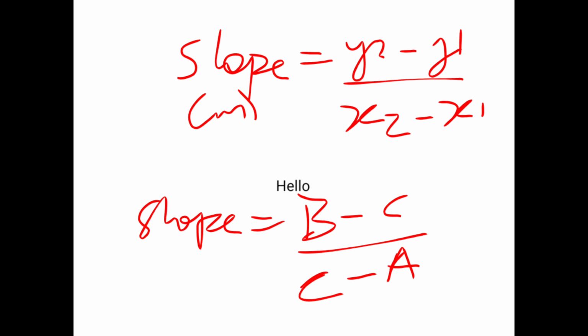So that's a slope: y2 minus y1 over x2 minus x1. So slope is BC over CA. So it's the same thing. I'll get to the graph, then we will see something about that one.